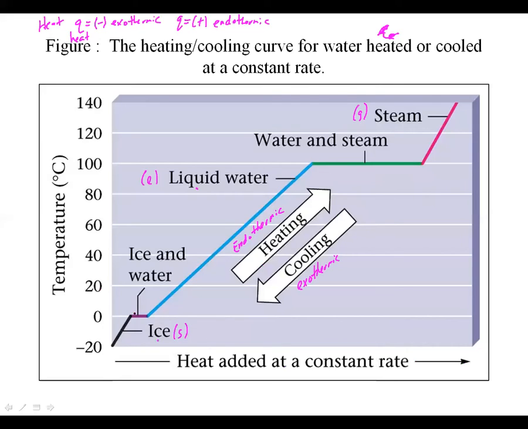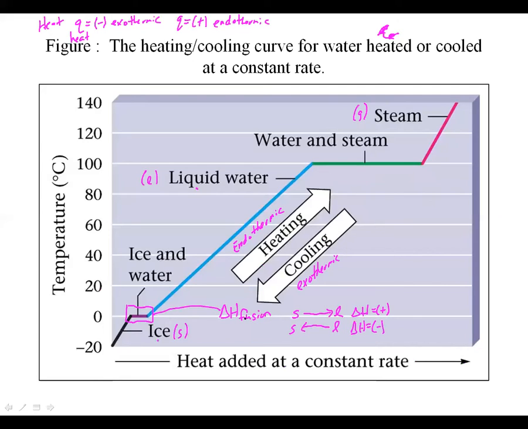So when we look over here, exactly at 0 degrees, that is where we use our delta H of fusion. And again, as we go from solid to liquid, that's an endothermic process, which means that delta H would be a positive number. And if we're doing the opposite transition, going from liquid back to solid, the delta H of fusion will be a negative number.